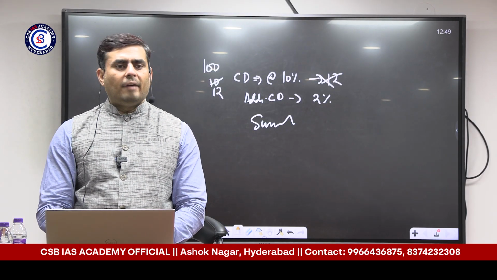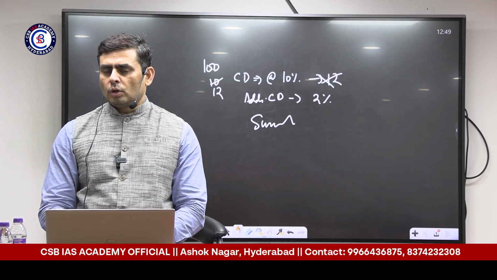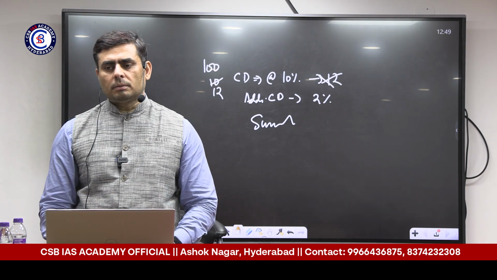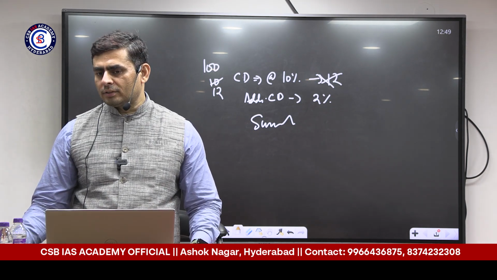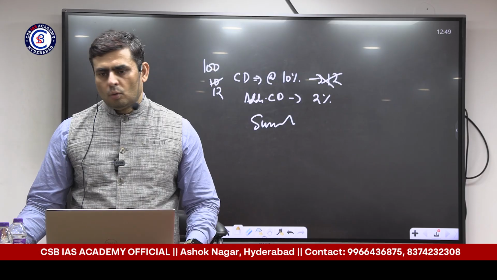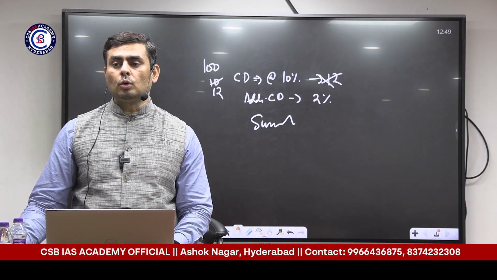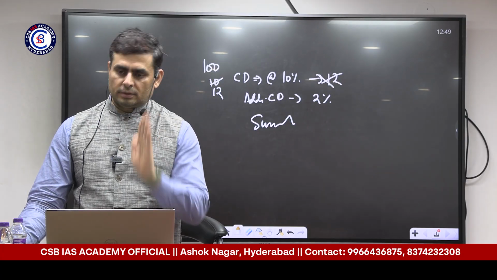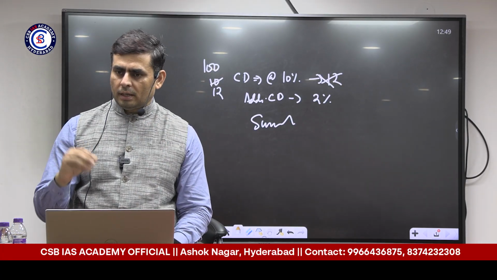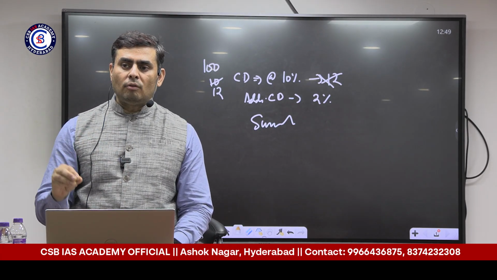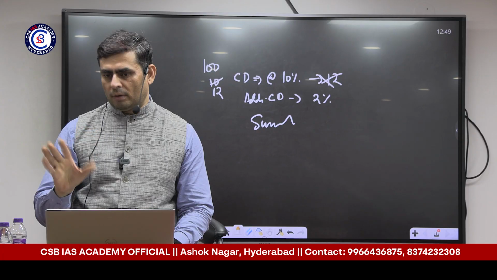And actually VAT by the state was one of the backbones of the state's taxation. Backbone means the majority of the revenue for the state is coming through what? VAT, value added tax. But again, this state VAT is going to cascade with other taxes. Means if other taxes are there, then automatically tax on tax. So this is why states do not want to give up VAT.